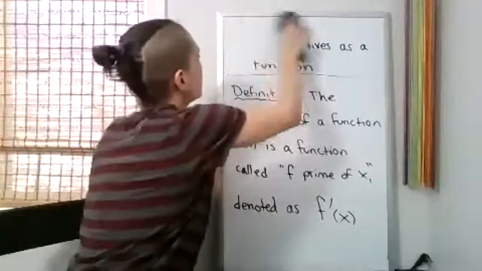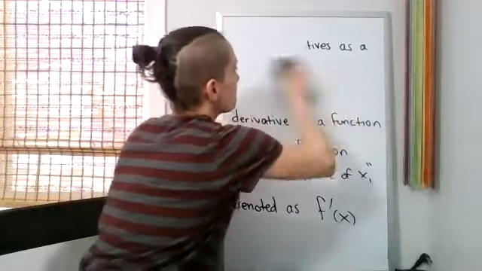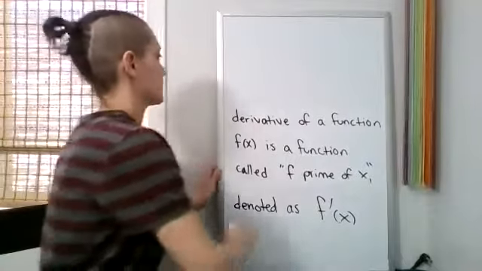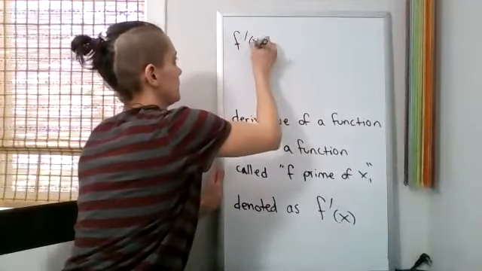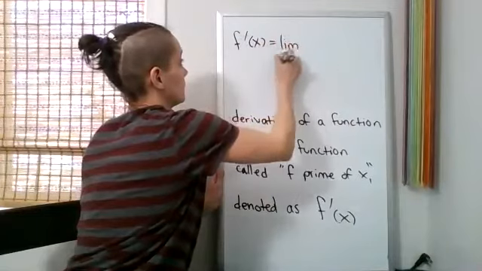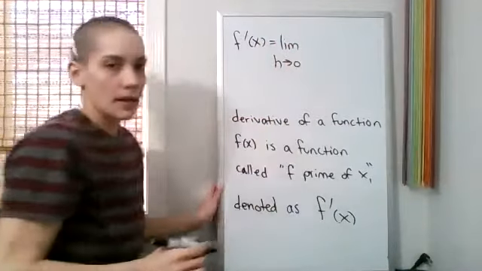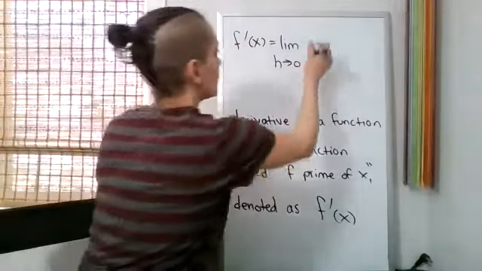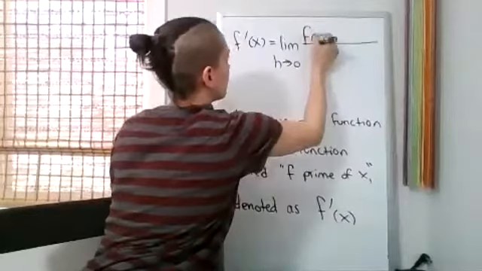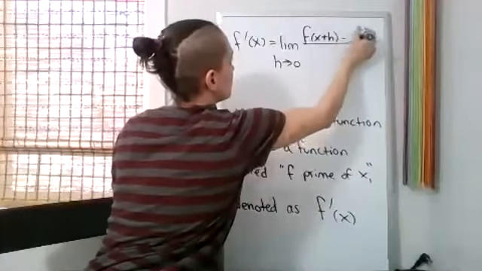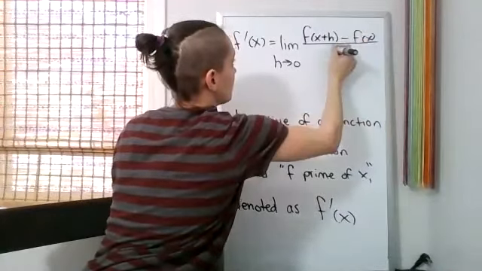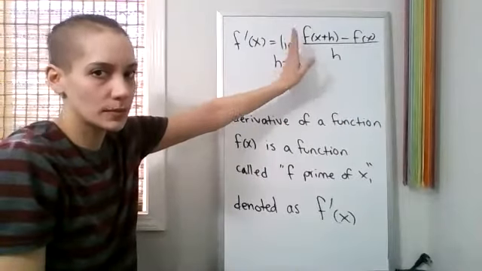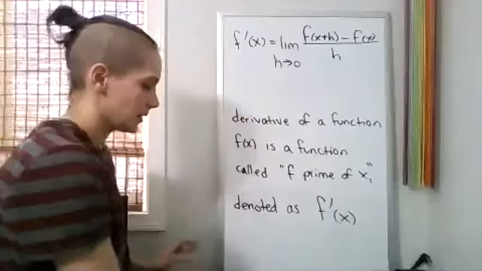So f prime of x is the limit as h goes to 0 of f of x plus h minus f of x over h. The difference is x is a variable, so you'll just put a note.